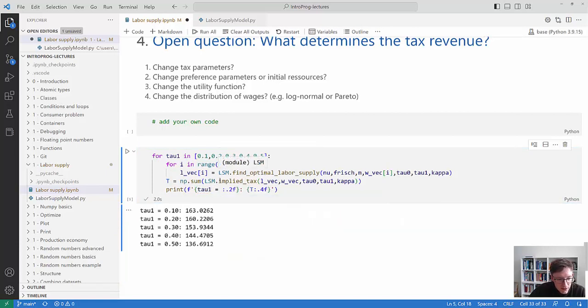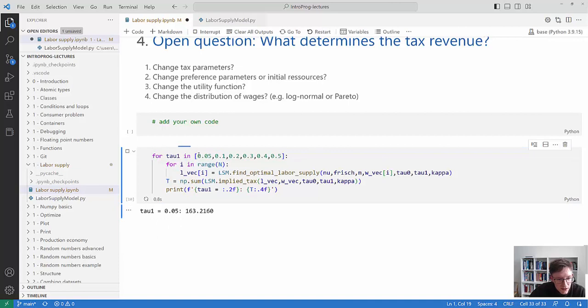So now we can see that, okay, we start by this tax revenue, and actually we get a smaller tax revenue if we increase tau 1. So that was sort of interesting. Could we perhaps get a larger tax revenue if we decreased it?